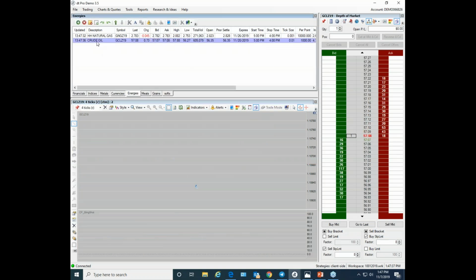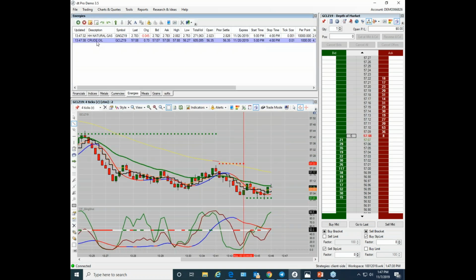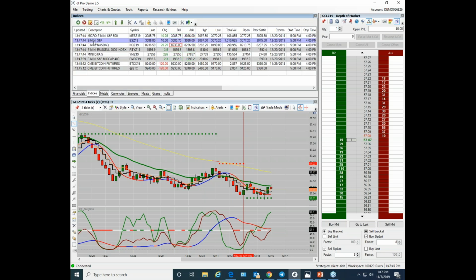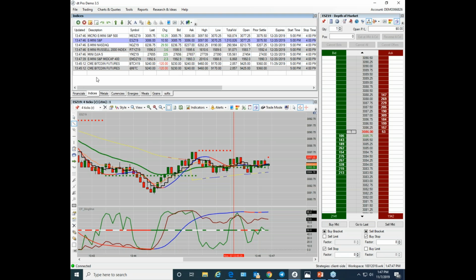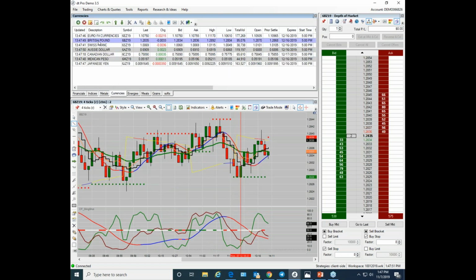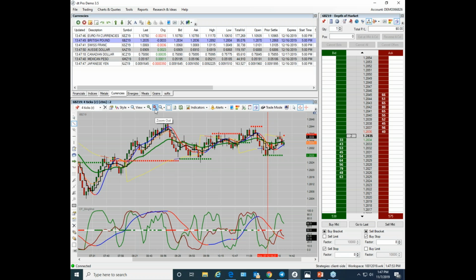Let's go to crude, because crude might be ripping now. I'm searching for things that we can trade. British pound, notice the sideways action. We have top here, bottom here.